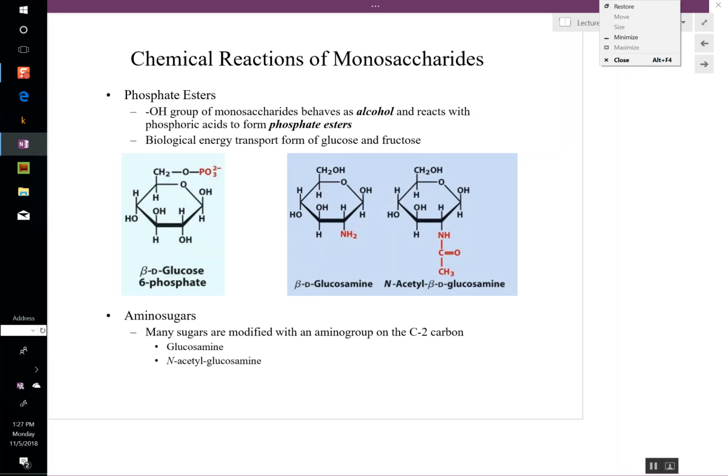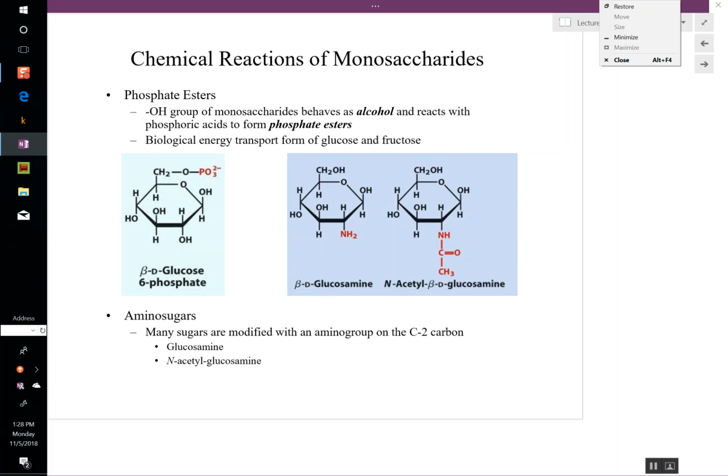The cell likes glucose, so whenever glucose comes in, it puts a phosphate group on it, so it can't go out. It makes it so it stays in the cell. So the very first thing the cells of your body will do is convert glucose into beta-D-glucose 6-phosphate. It puts this phosphate group on it. It's big, it's charged, and it no longer can get across the cell membrane.